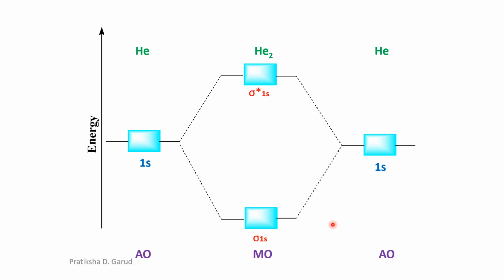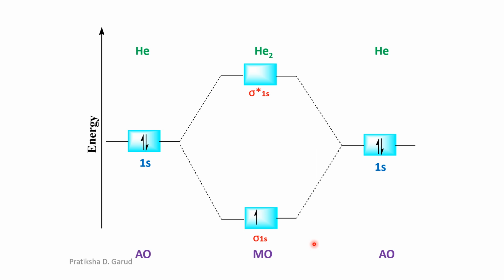So let us see the filling of electrons. There are 4 electrons, 2 from the first helium atom and 2 from the second helium atom. Total there are 4 electrons. Out of these 4 electrons, 2 electrons move into the bonding and the remaining 2 into the anti-bonding.